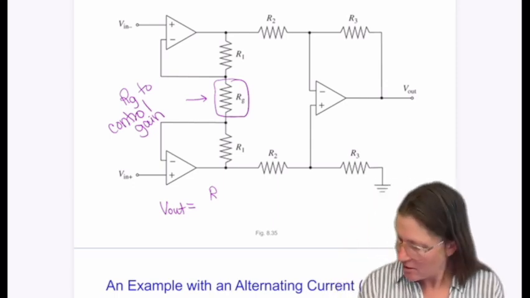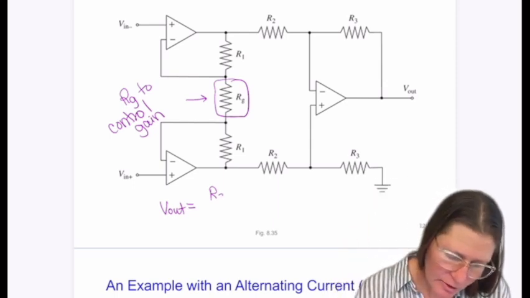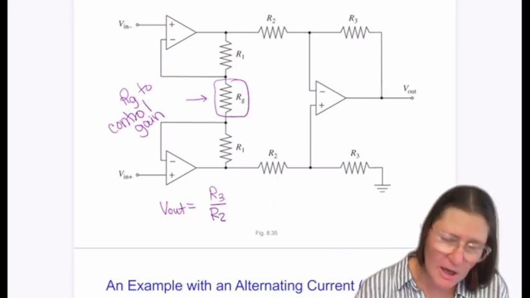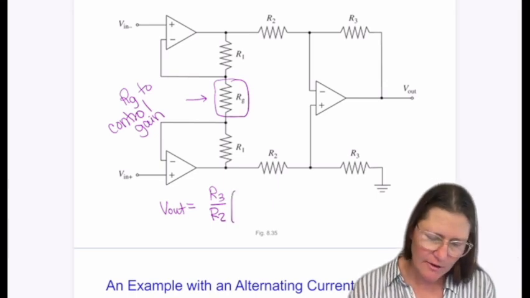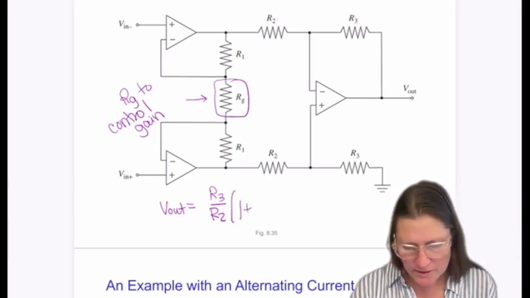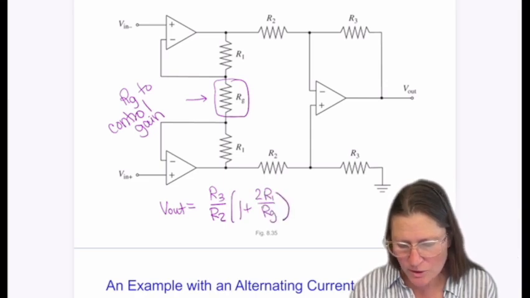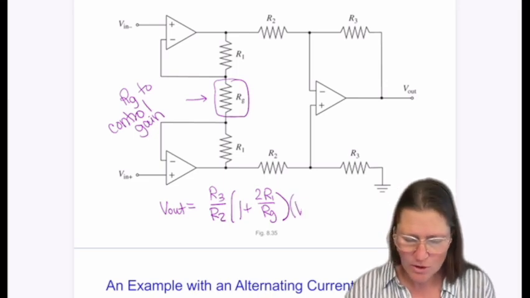So it's R3 over R2 that are going to be your main amplification there, but then you have this RG, and so you can tweak this between R1 and RG by just using the one resistor to give you a gain difference.